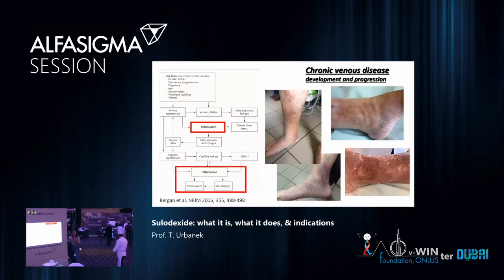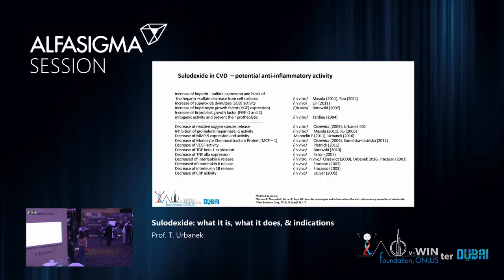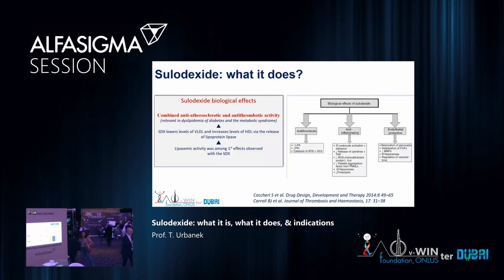We know that inflammation is crucial in chronic venous disease development and progression, and from several studies done in in vitro and in vivo models, we know that sulodexide has potential anti-inflammatory activities, at least in chronic venous disease patients. Sulodexide's biological effects can also concern combined anti-atherosclerotic and antithrombotic activity, especially in patients with dyslipidemia, diabetes, and metabolic syndrome.